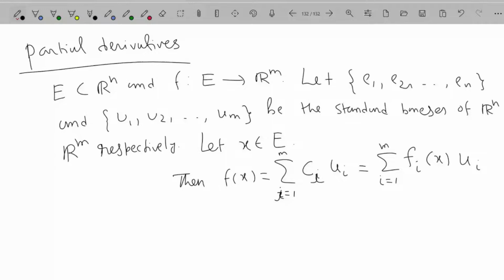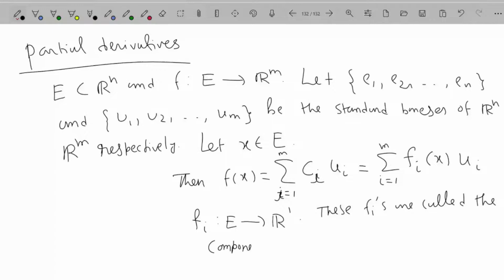Now you can think that fi is a function from E to R. It's a real number, since ci is a constant, so it's a function from E to R. So these fi are called the component functions of f.